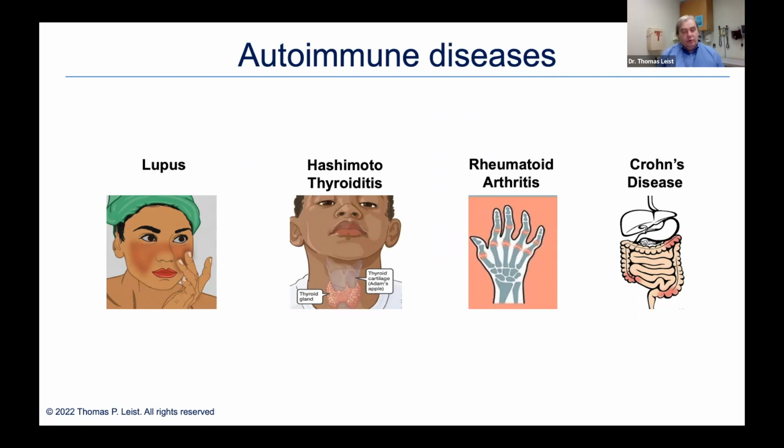As mentioned, in neuromyelitis optica, other autoimmune diseases can be present. These include lupus, inflammatory thyroid disease, rheumatoid arthritis, and conditions of the intestinal organs.